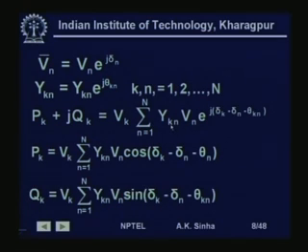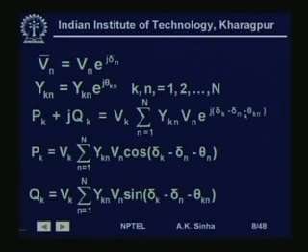If we separate out the real and imaginary parts, then for the real part, the real power injection P k is equal to V k summation n is equal to 1 to capital N y k n V n cos of (delta k minus delta n minus theta k n). I am sorry, this should be theta k n. So, we take the cos of this angle and get the real part.